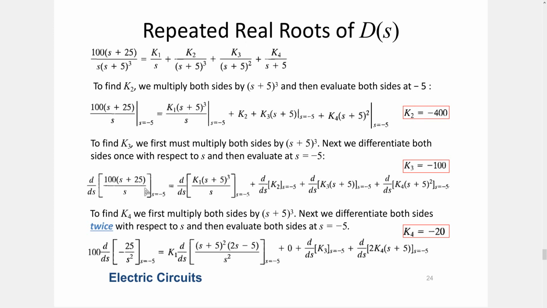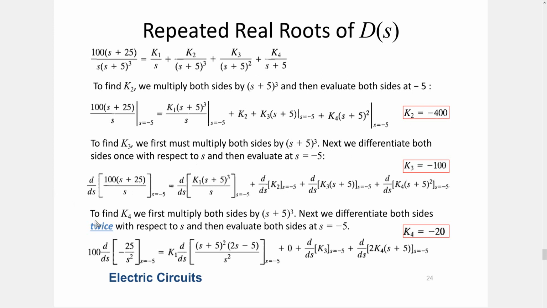In order to find k3, we must multiply both sides by (s plus 5) cubed. So we just continue like this in a periodic fashion. For k3, we end up with this kind of relationship, as you can see in the expression.